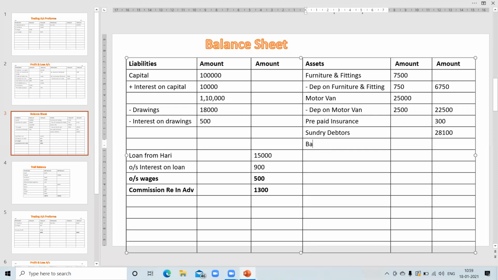So bank 20,000. Next, sundry creditors. So sundry creditors it will post in the balance sheet liability side.